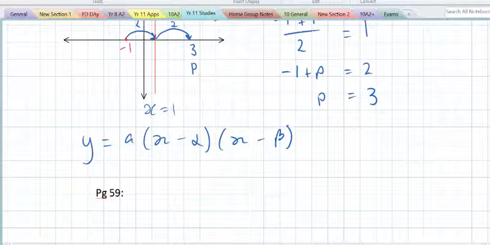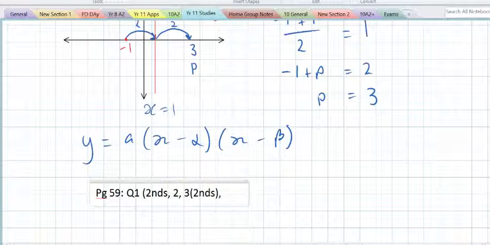Yeah, that's the positive negative definite. And then this is question 1 seconds. Q1 seconds 2, 3, 4, and 5. Alrighty.